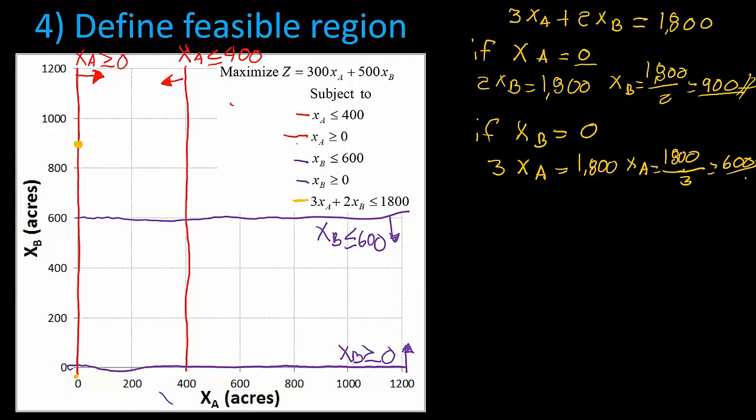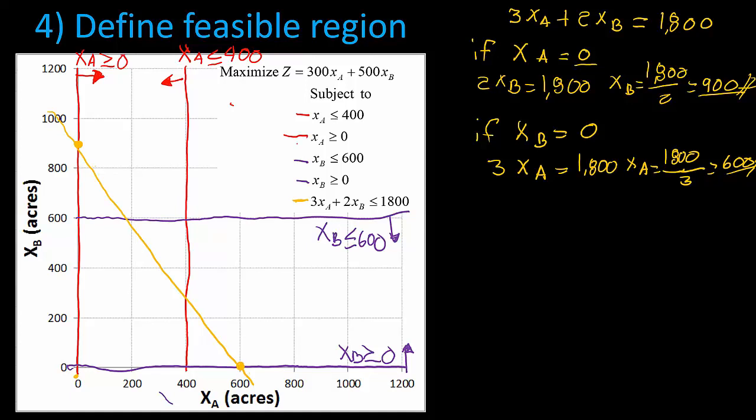So in this case, 600 will be where it crosses here. Okay? So we have 2 points. Now we can draw a line, and that will be the line of that specific constraint. So there we go. That will be our line.